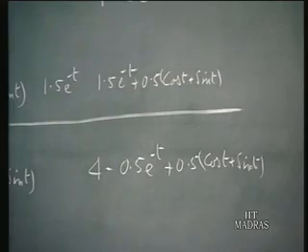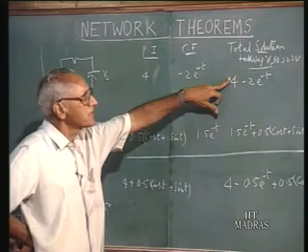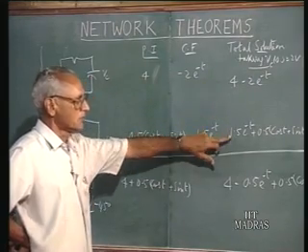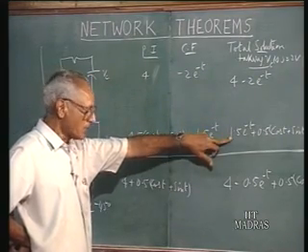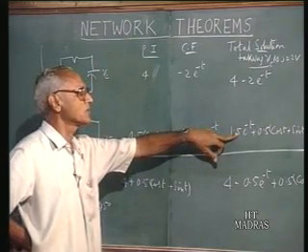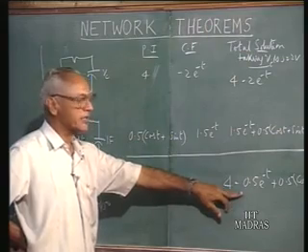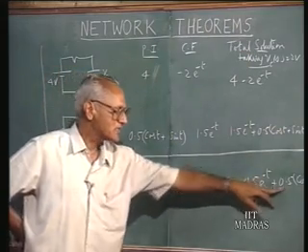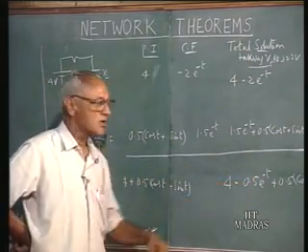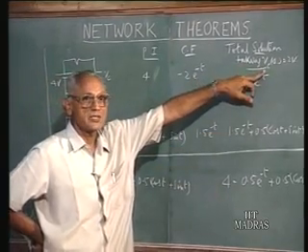The discrepancy arose because when you are calculating this total solution, you have taken the initial capacitor voltage to be 2 volts. When you have taken the second source, you have taken the initial capacitor voltage once again as 2 volts. Therefore, when you are adding this up, you are getting the initial capacitor voltage as 4 volts, and that's what this gives when t equals 0. So the total solutions will not add up because you have taken the initial capacitor voltage as 2 volts.